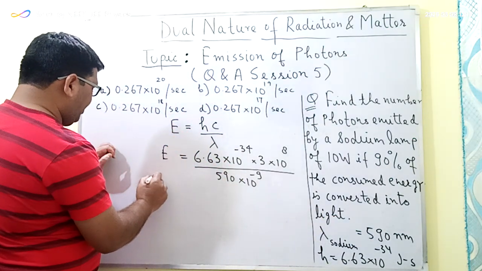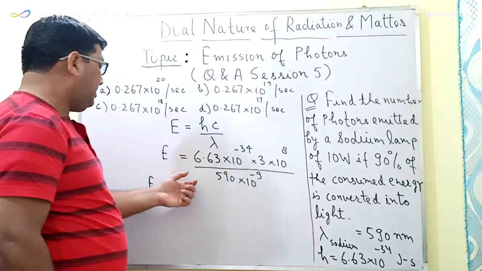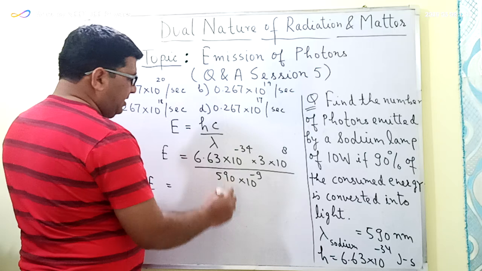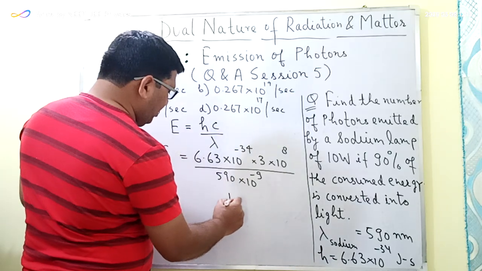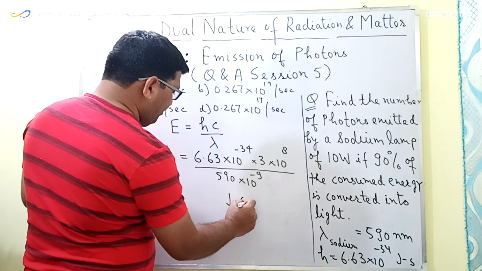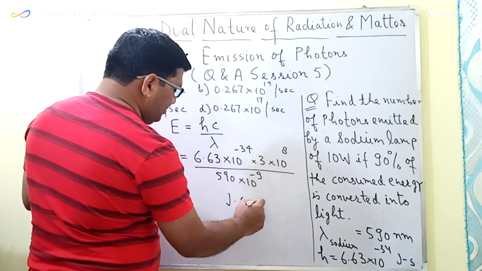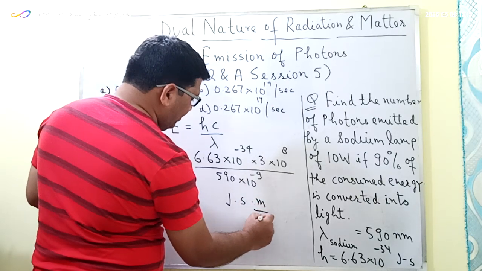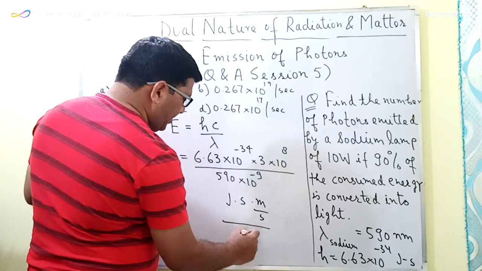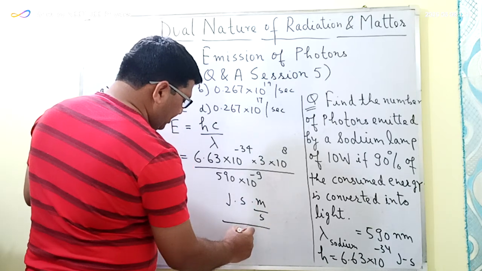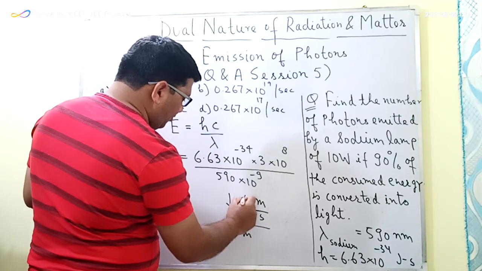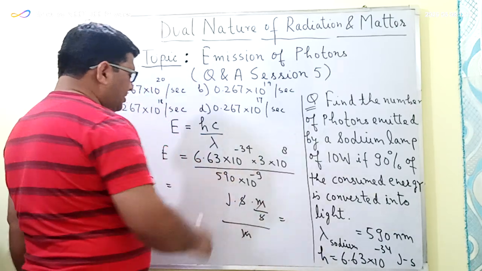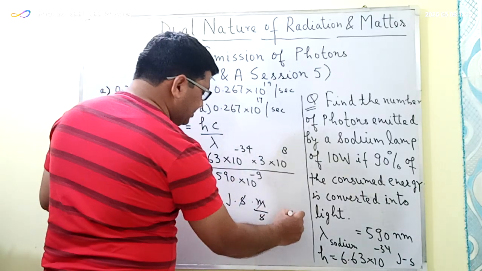The unit of the energy of the photon will be joule, because the unit of Planck's constant is joule second, the unit of the velocity of light is meter per second, and the unit of the wavelength is meter. So we will get the unit of the energy of a photon in joules.